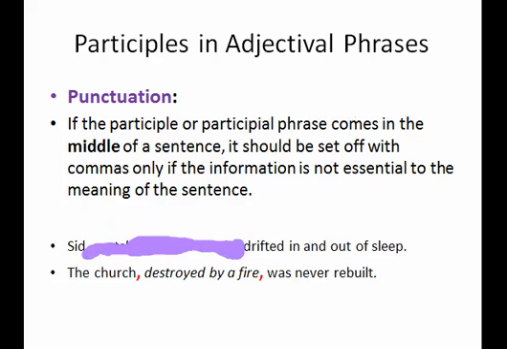So this extra information, if you want to add it in the sentence, you are going to put a comma before and after this extra information. Let's look at the second example. The church, comma, destroyed by a fire, comma, was never rebuilt.